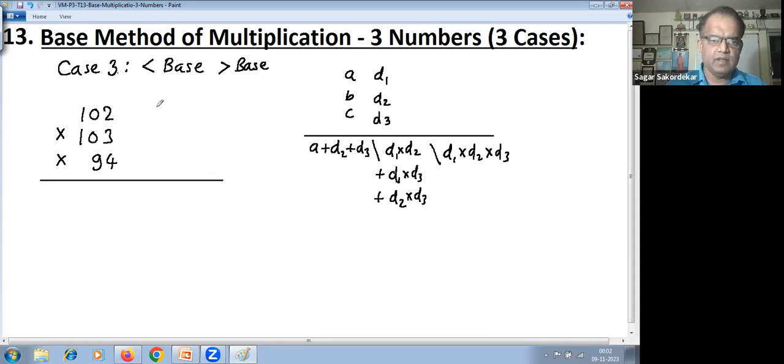So difference here is 2, here it is 3, and here it is minus 6. So first number 102 plus 3 minus 6. Then 2 into 3 is plus 6, plus 2 into minus 6 is minus 12, and plus 3 into minus 6 is minus 18.